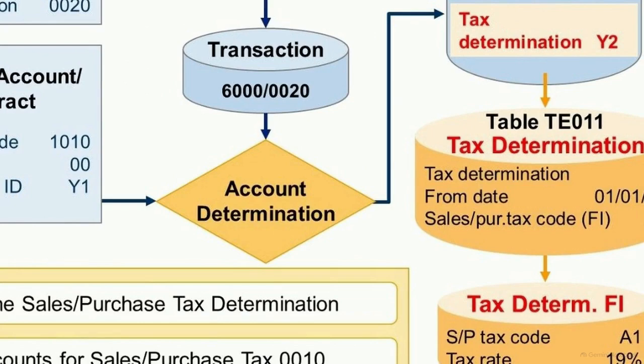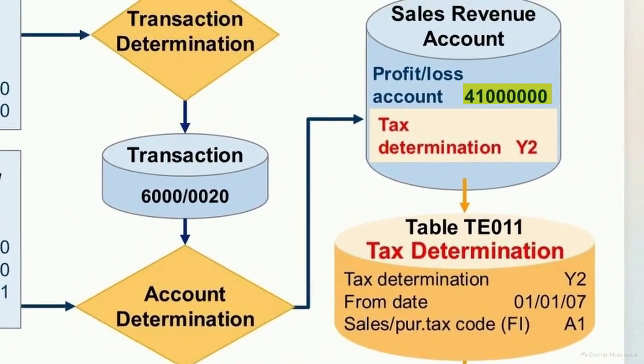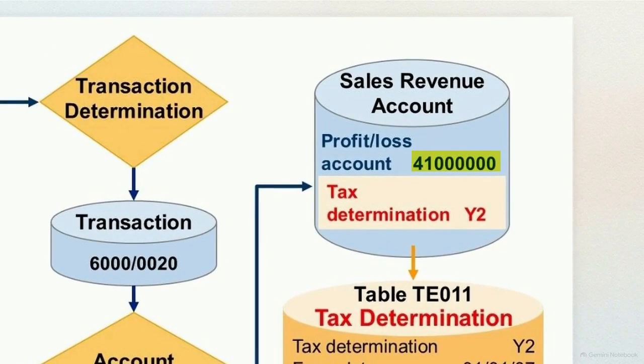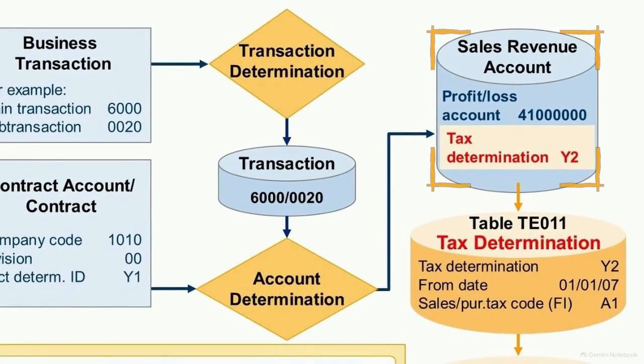The engine first locates base revenue account 410000, configured in posting area 2610. Simultaneously, it generates a hidden payload, tax determination code Y2, tethered directly to the revenue account. Processing this Y2 scenario requires resolving this revenue configuration, the mandatory transport vehicle for tax logic.